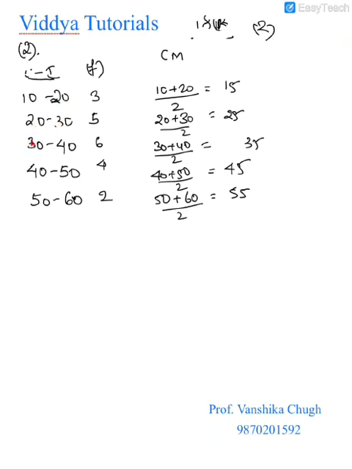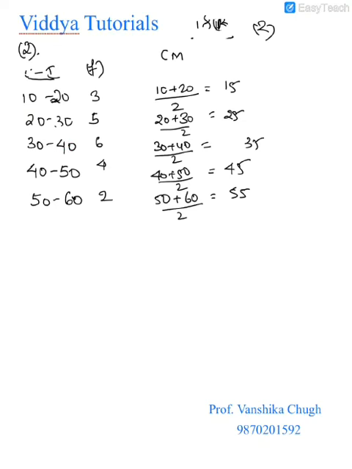When you have such continuous data, the class interval is called exclusive, meaning when you come across the value 20, you will include it in this group and not in the previous group. These upper limits are excluded. They are recorded in the next group. That is why they are called exclusive class intervals. Alternatively, we have inclusive, which I will explain later.